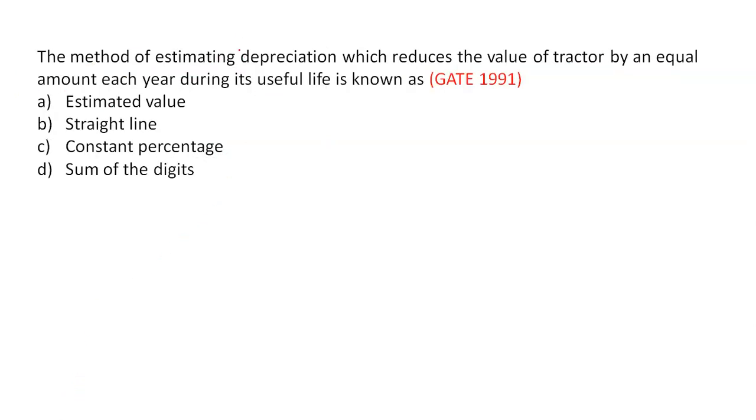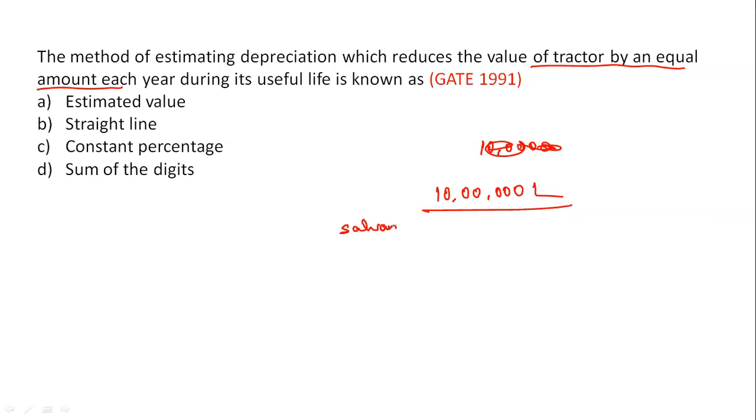So next question. The method of estimating depreciation which reduces the value of tractor by an equal amount. So if you buy the tractor for 10 lakhs, the salvage value is 10%. It can be depreciated each year by the same amount. So we cannot use sum of the digits method.